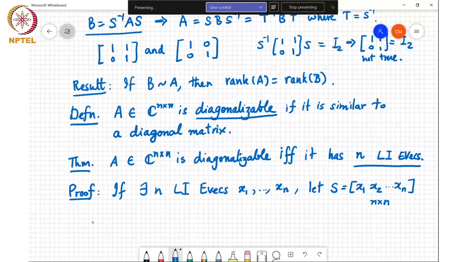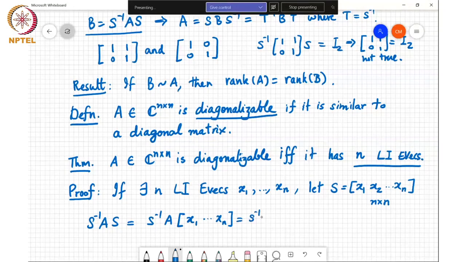So all we do is we consider S inverse A S, which is equal to S inverse times A times this matrix x1 through xn. If I expand this product, I will get S inverse times a matrix whose first column is Ax1, the second column is Ax2, up to Axn.